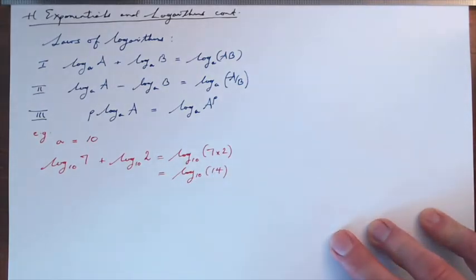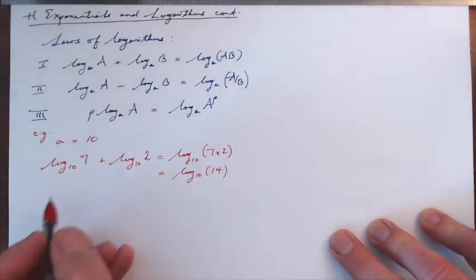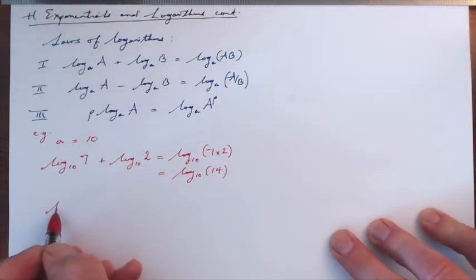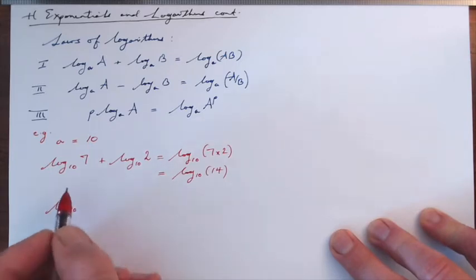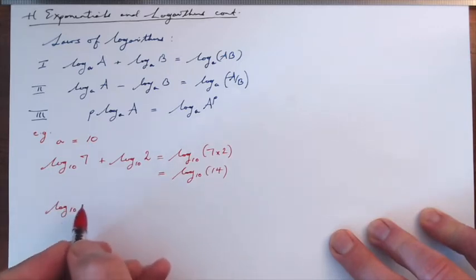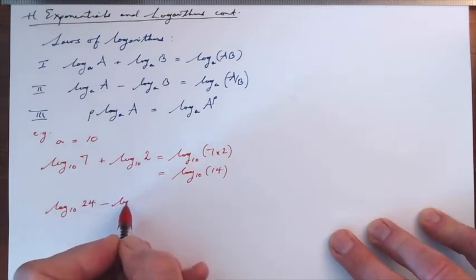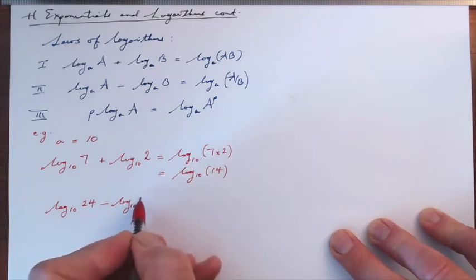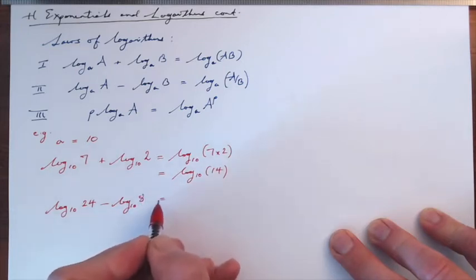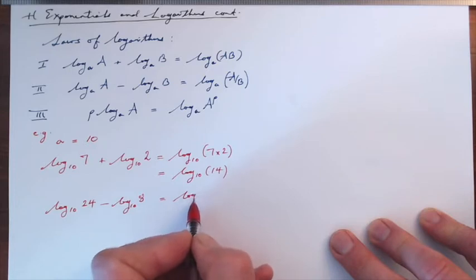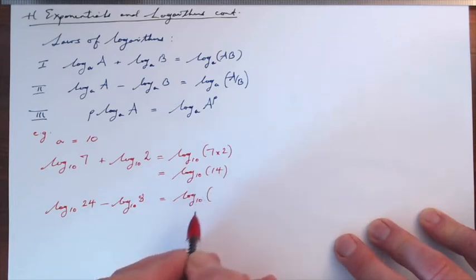Okay. And an example of the second law of logarithms would be something like log to the base 10 of, say, 24 minus log to the base 10 of 8. I can write this as the quotient within one single logarithm.